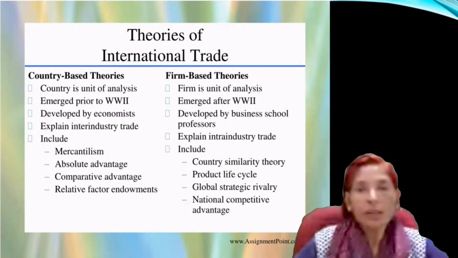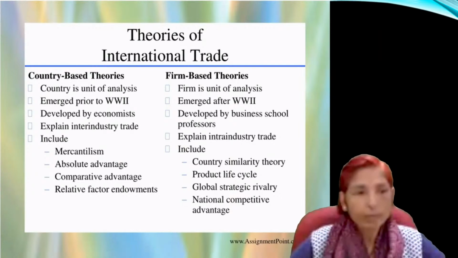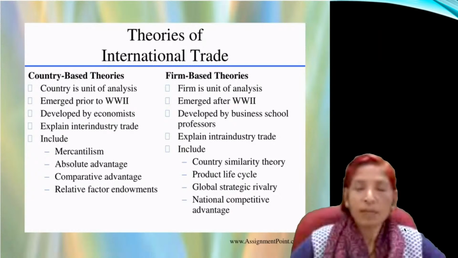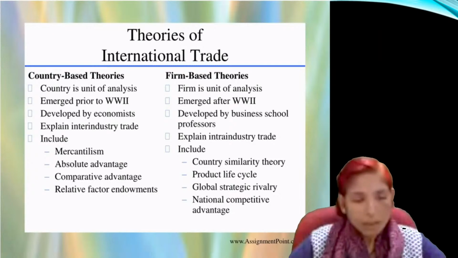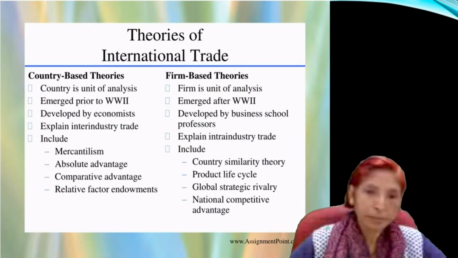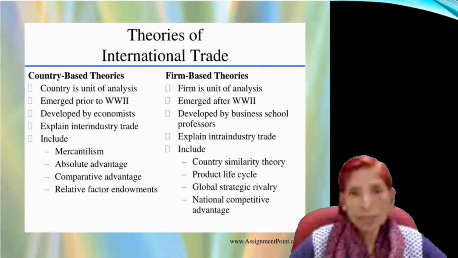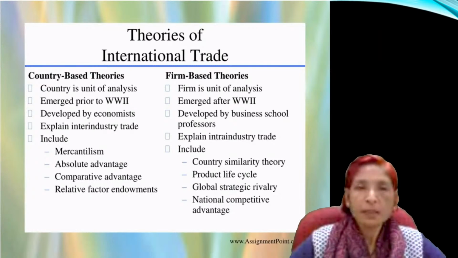It includes different theories like mercantile theory, absolute advantage theory, comparative cost advantage theory, and relative factor endowment theory, which was given by Heckscher and Ohlin. Absolute cost advantage and comparative cost advantage theory were given by Adam Smith and David Ricardo.